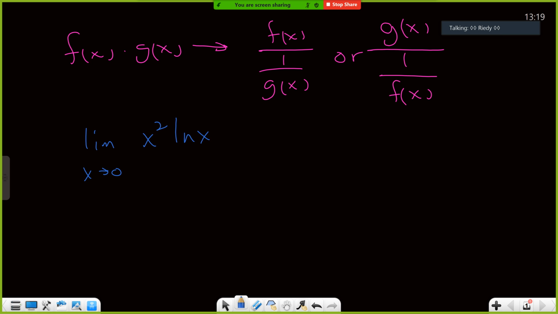Like all limit problems, plug and chug. When I plug and chug, what is the limit as x approaches 0 for the natural log of x?